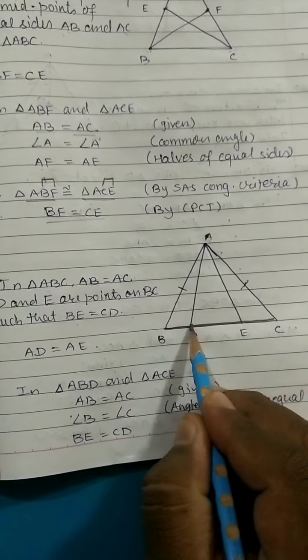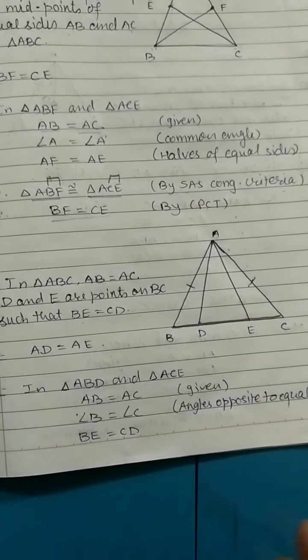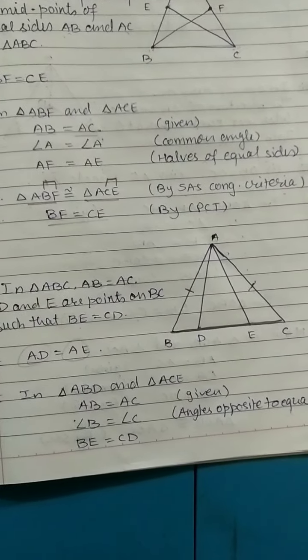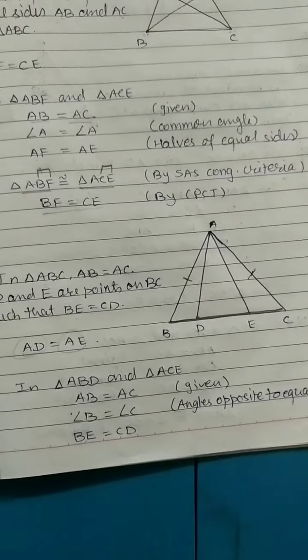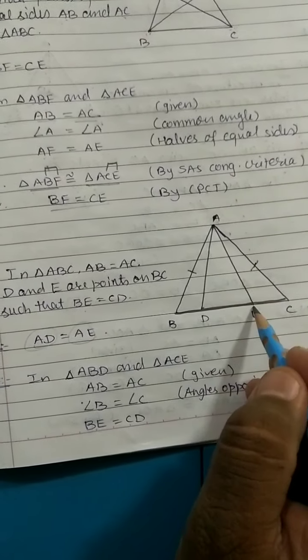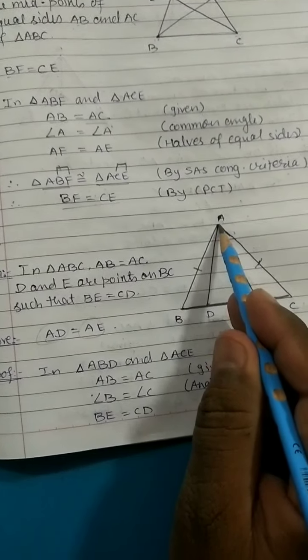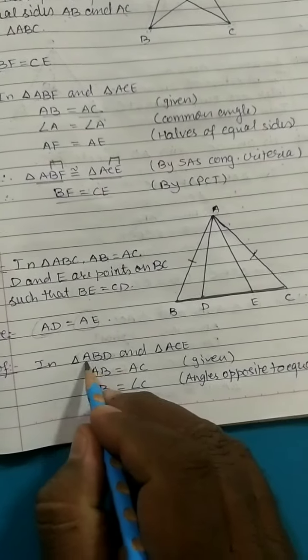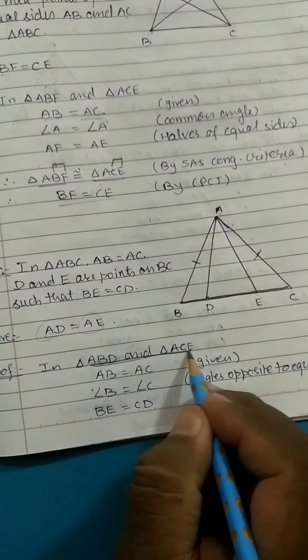That is this one. Right? We have to prove AD is equal to AE. Okay? Now check. Take two triangles in which AD and AE come. So triangle ABD and triangle ACE. These two triangles we have to take.